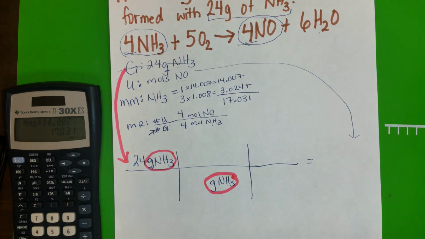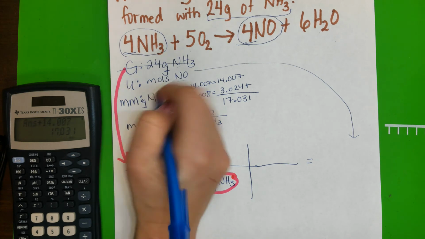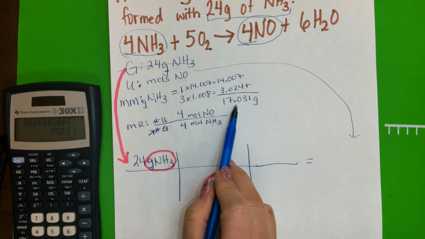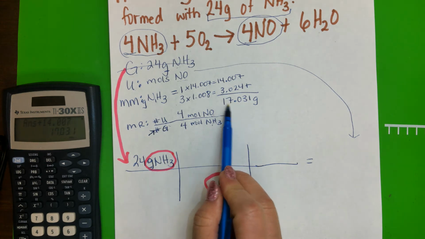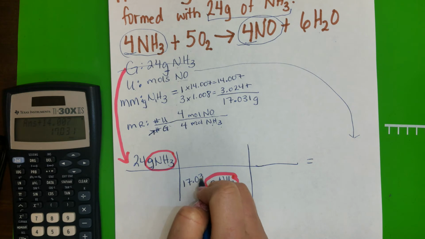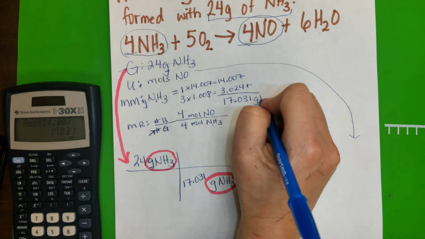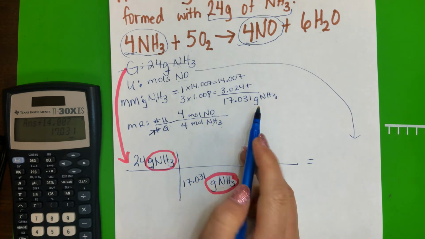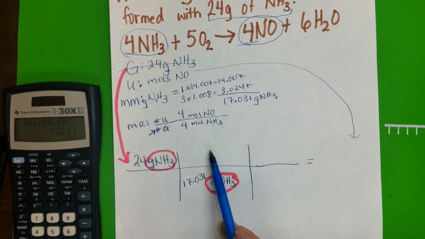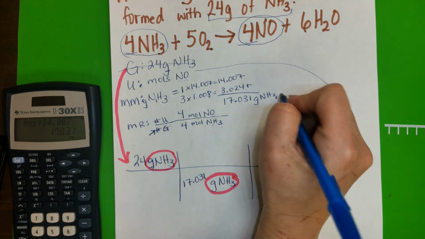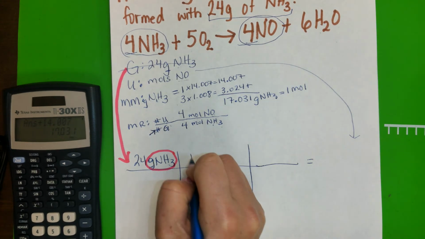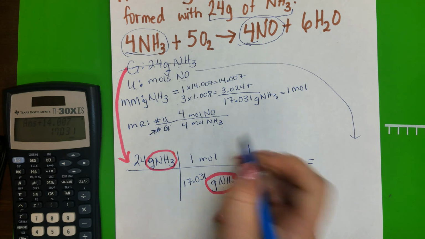So you're going to put this number in here, 17.031 grams of NH3, which is true. This is a molar mass. Now remember that molar mass will always equal 1 mole. So on the top will be 1 mole.